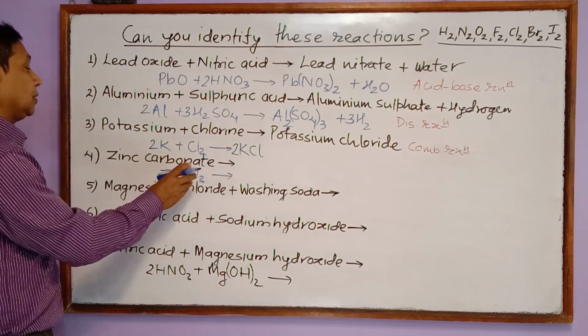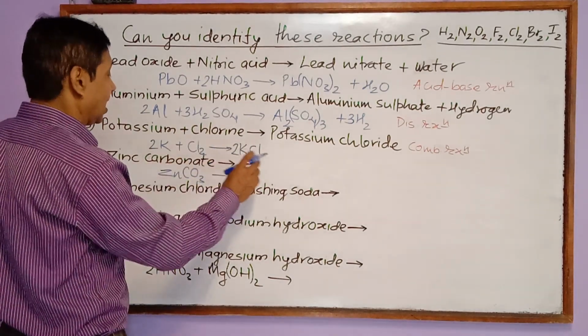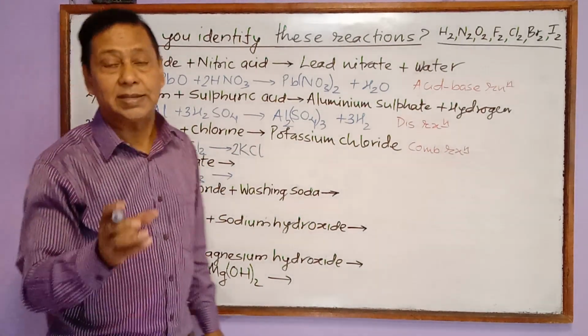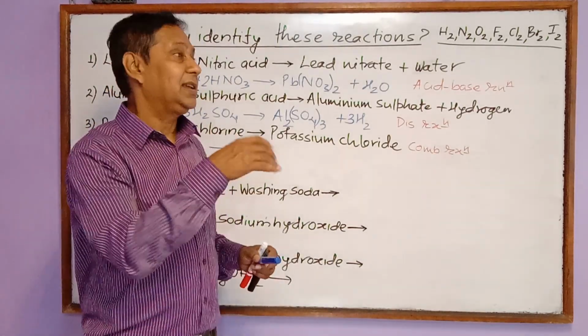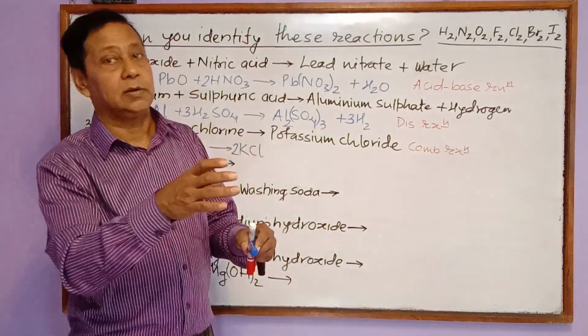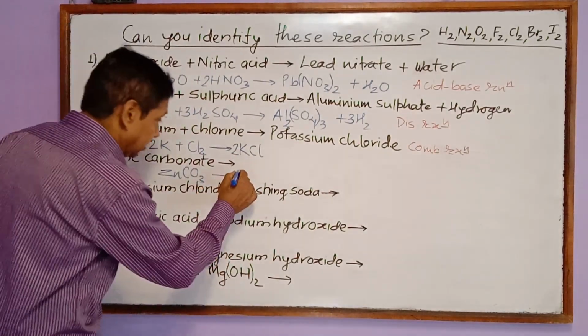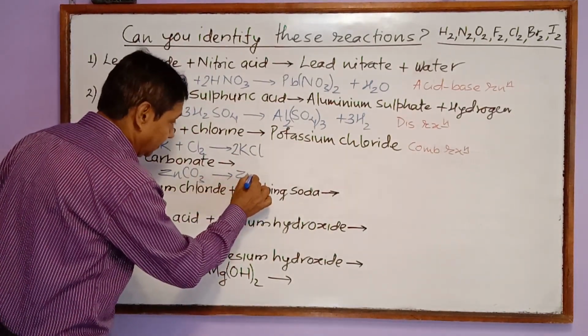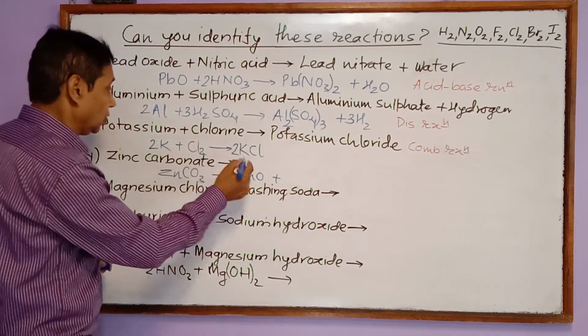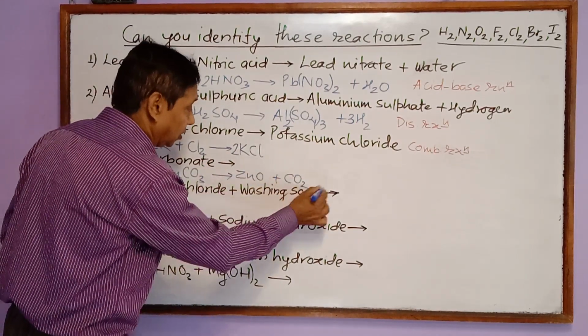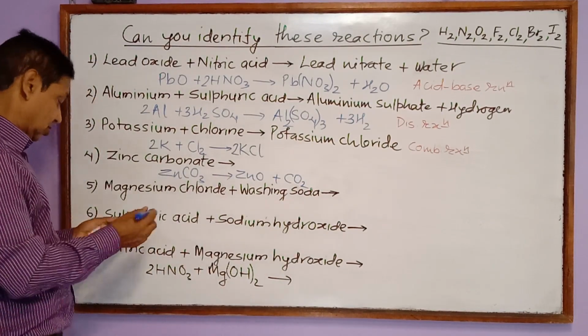When zinc carbonate decomposes, it forms zinc oxide and carbon dioxide, like calcium carbonate decomposes into calcium oxide and carbon dioxide. When a metallic carbonate decomposes, it forms metal oxide and carbon dioxide. That's why zinc oxide, ZnO, plus carbon dioxide, CO2. Zinc valency 2, oxygen valency 2, no exchange.